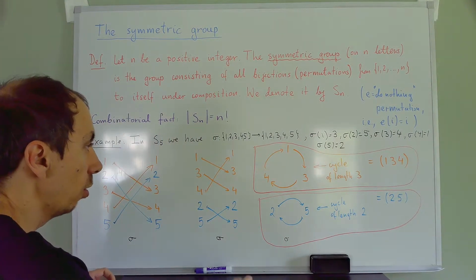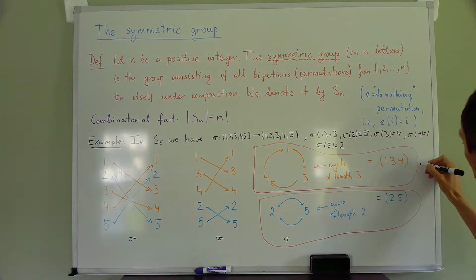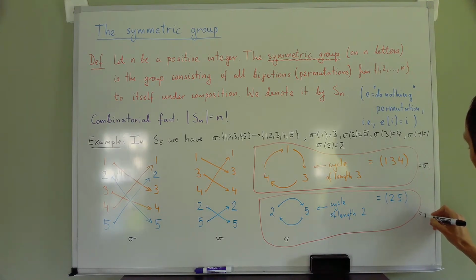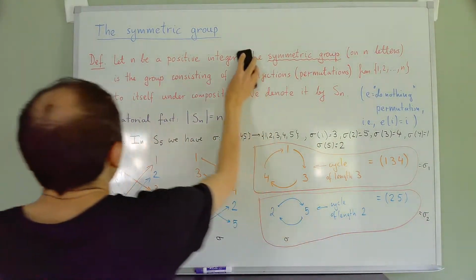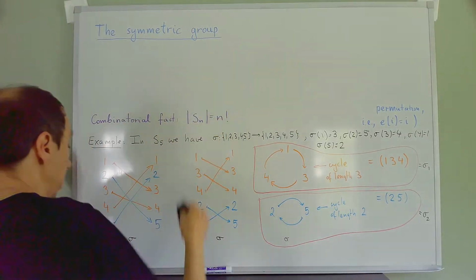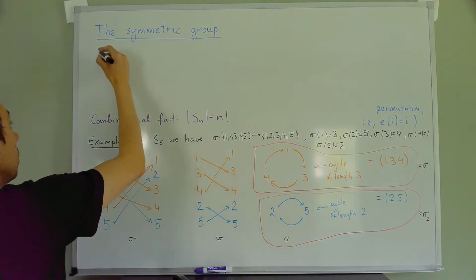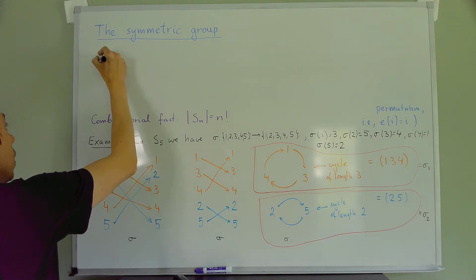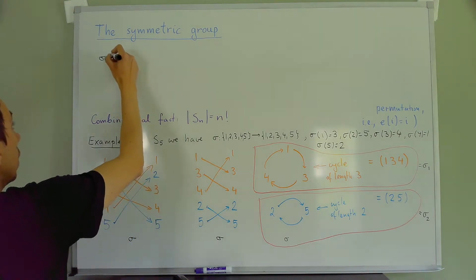So I'm going to call, just for the moment, this thing sigma 1, and this thing I'm going to denote as sigma 2. See, I can think of sigma 1 as doing the following.